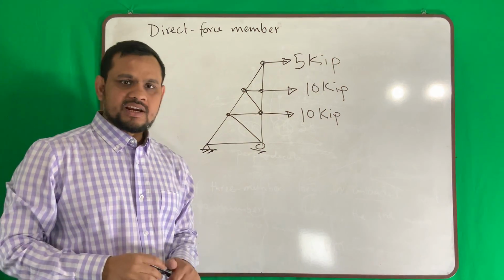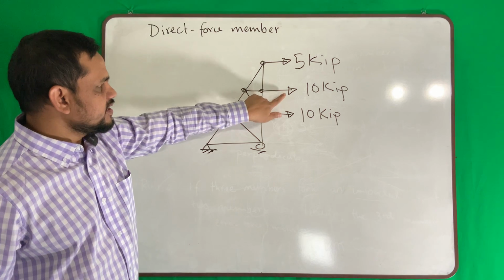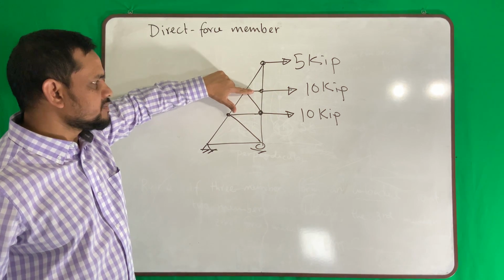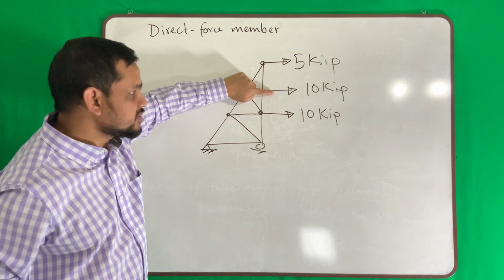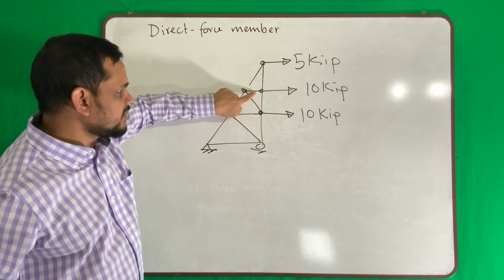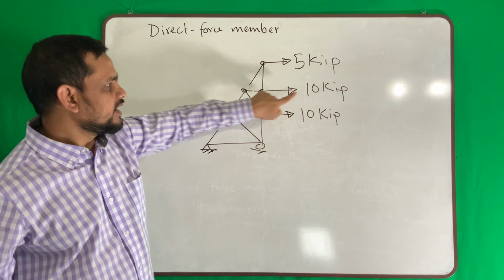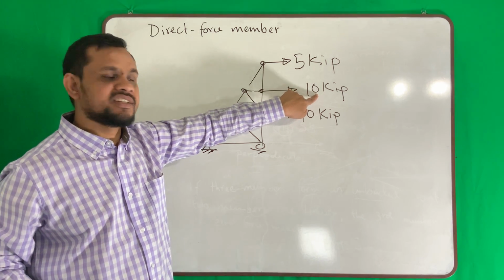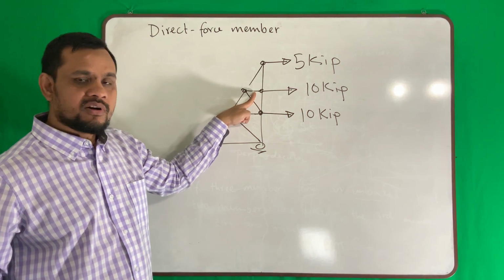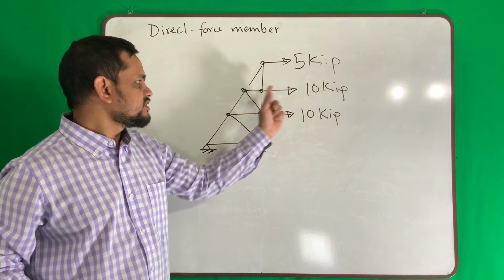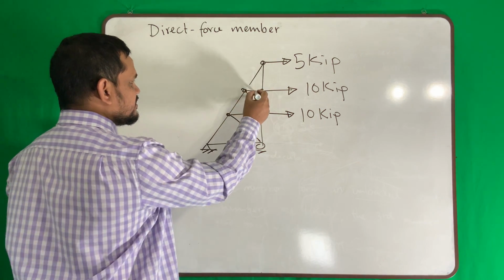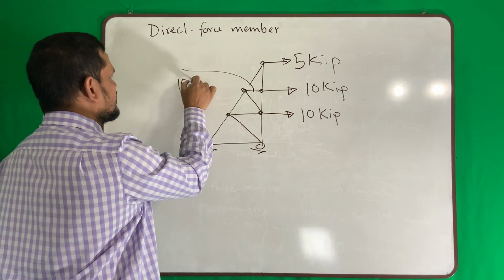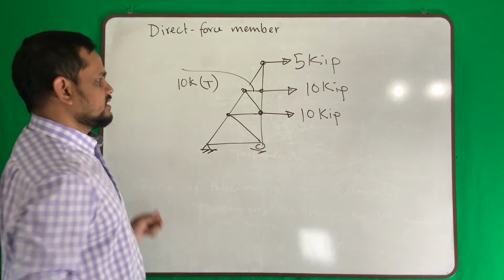Now for this truss you can see this force is along this member, and this member and this member are perpendicular to this force. So what is the member force in this member? Exactly 10 kip, because it is direct. And tension or compression? Because this force is pulling this member, it is tension. So the member force in this member is 10 kip tension.